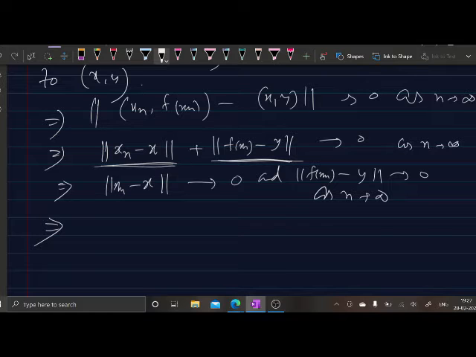So that means x_n tends to x in capital X and f(x_n) tends to y as n tends to infinity.